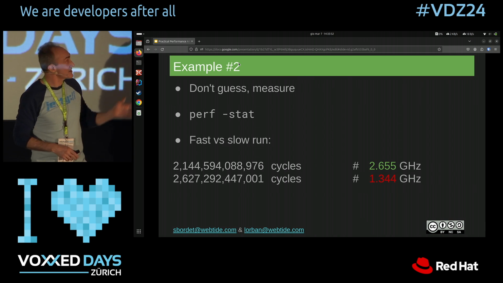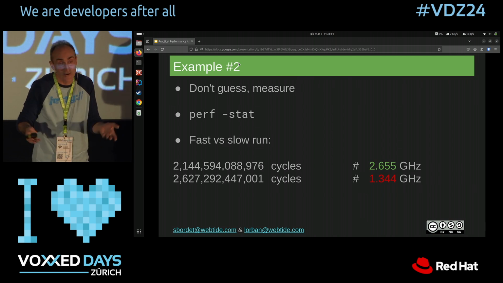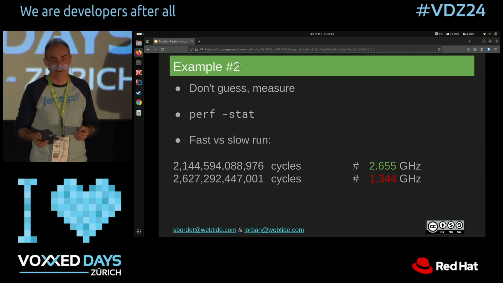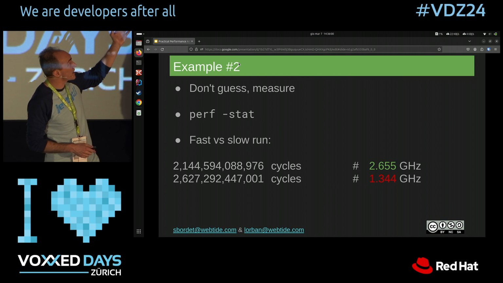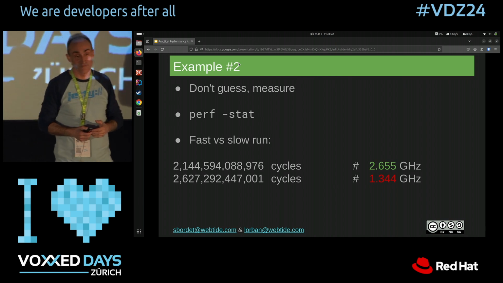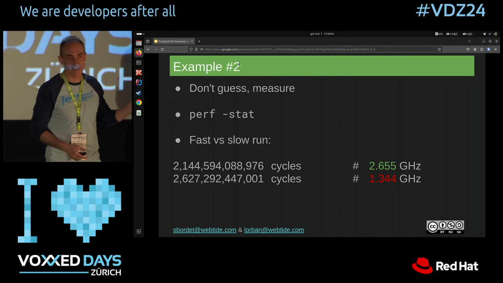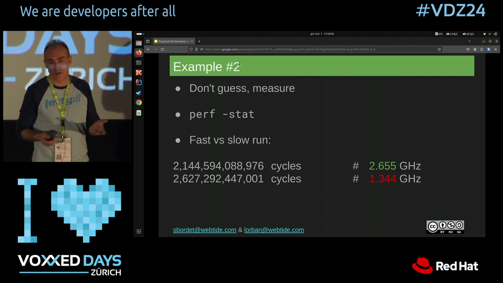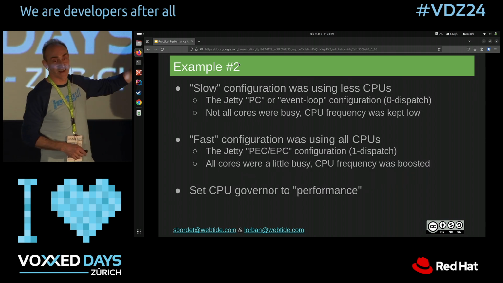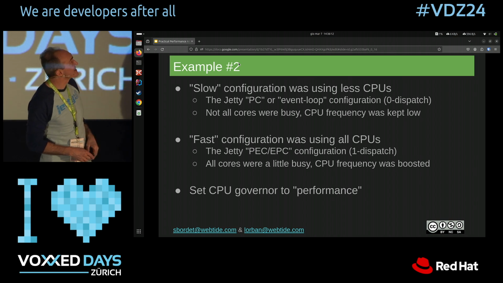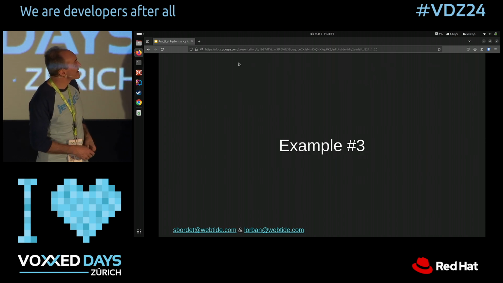And so the second test was actually running slower because the CPU was running slower. We had exactly solved the problem. You see the same number of cycles, just twice as slow. And that's why we were getting slower execution of the code. So governor to performance always, it's a good choice.